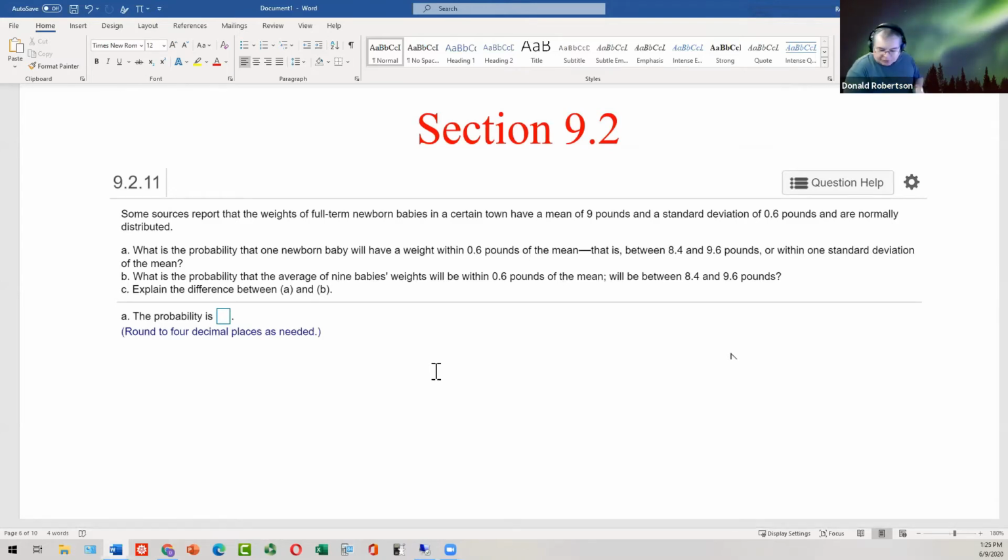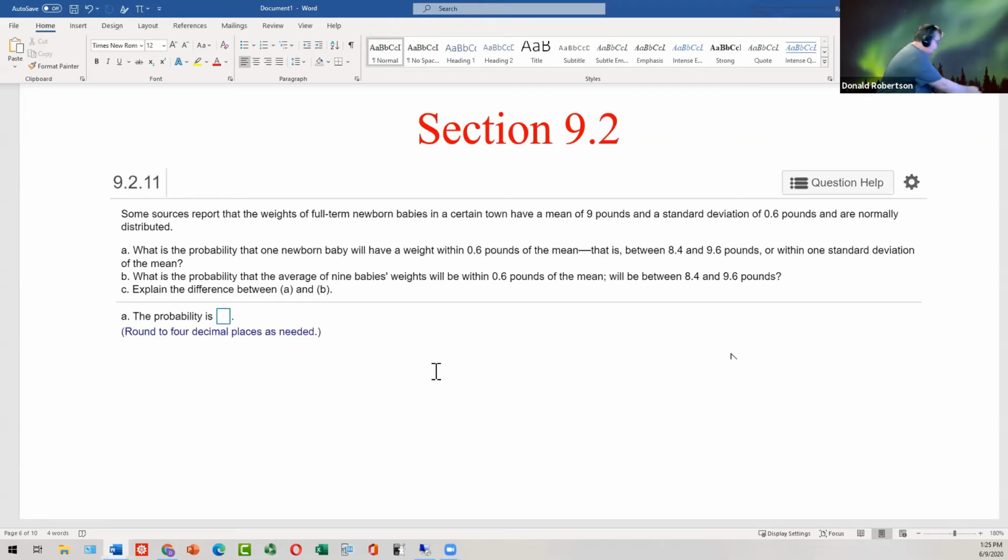So what we're going to be doing in 9.2 is just continuing from where we left off. We're going to be looking at the sampling distribution, and we're going to use it to calculate various probabilities. So this first one. Some sources report that the weight of a full-term newborn baby in a certain town has a mean of 9 pounds. Oh, that's quite heavy.